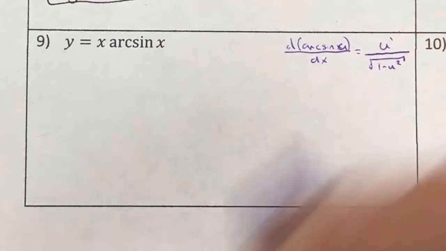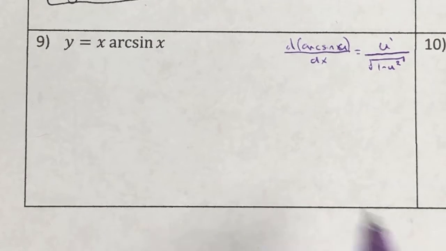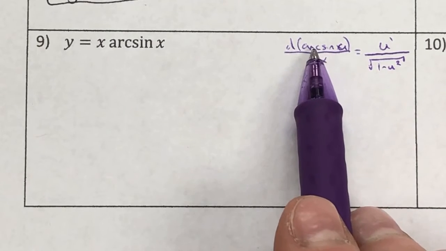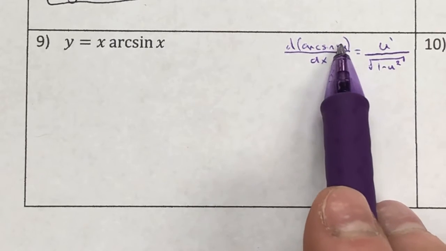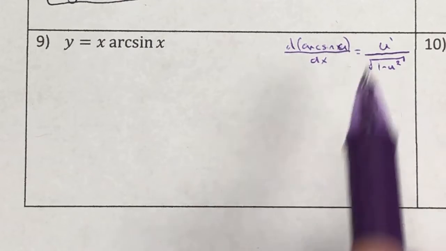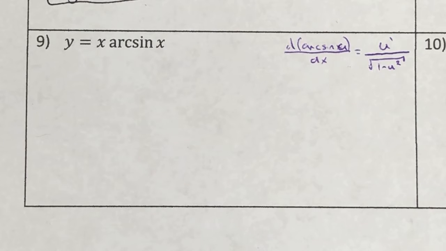So I'm just going to put the u prime up top, which means you take 1 over the square root of 1 minus whatever this is squared, and then you take the derivative of that and pop it in the top.